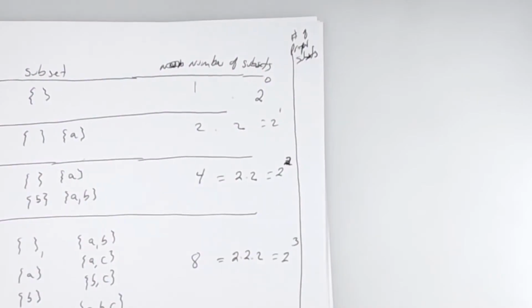You can't see it very well, but that's the number of proper subsets. So think about our discussion earlier. Subsets, proper subsets.